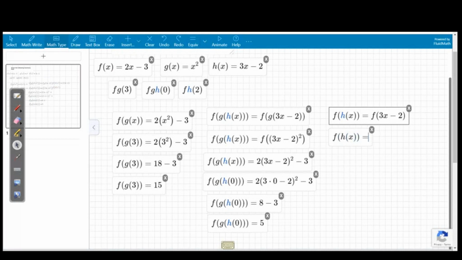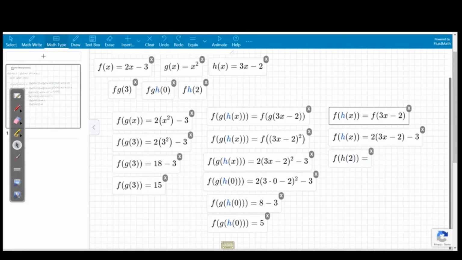This is equal to, wherever we see x, we are going to plug in 3x minus 2. So this becomes 2, we introduce a bracket, 3x minus 2, then we have minus 3. So at this juncture, we can now put our 2 in. So we'll have f of h of 2.